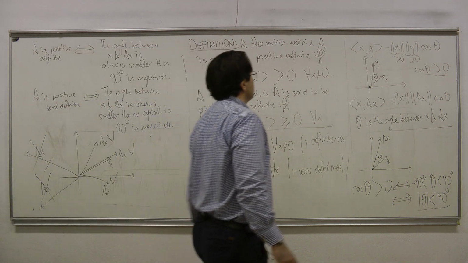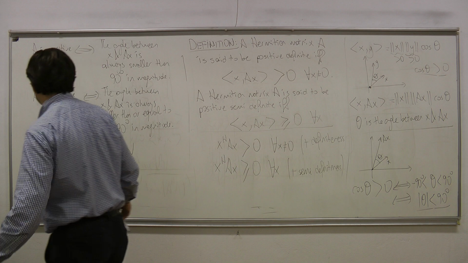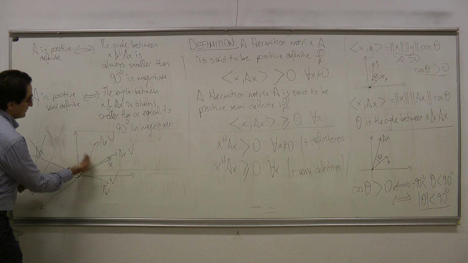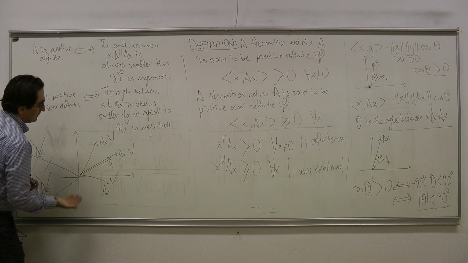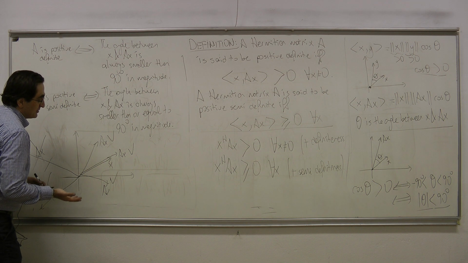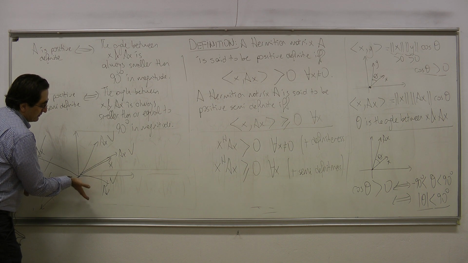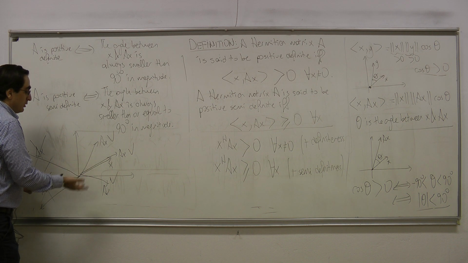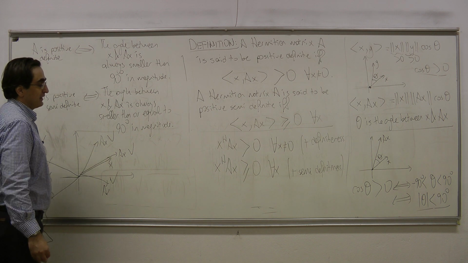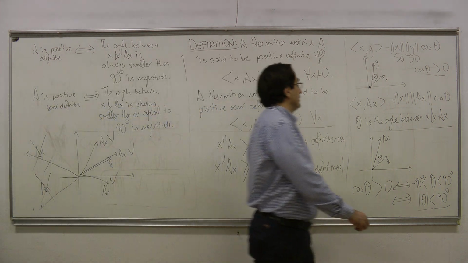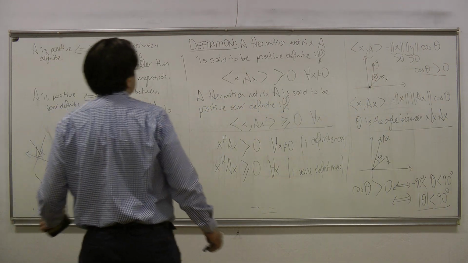Okay? So this is the geometric meaning of positive semi-definiteness. For positive semi-definiteness, 90 degrees, Ax being orthogonal to x, is allowed. For positive definiteness, 90 degrees is not allowed. This is the general geometric meaning of positive definiteness and semi-definiteness.